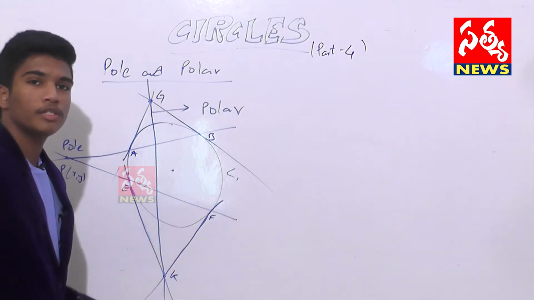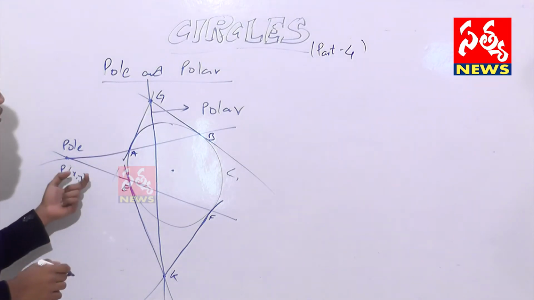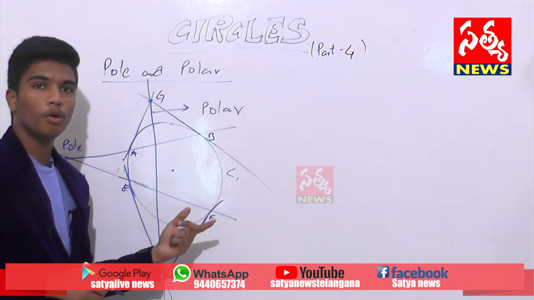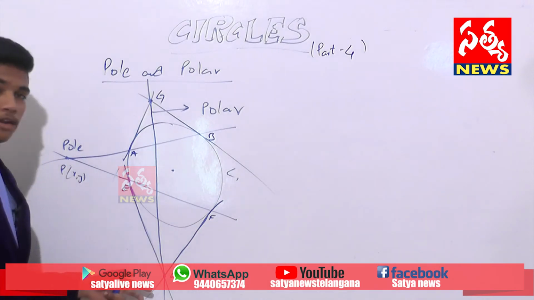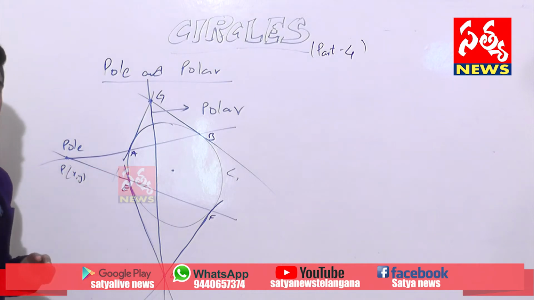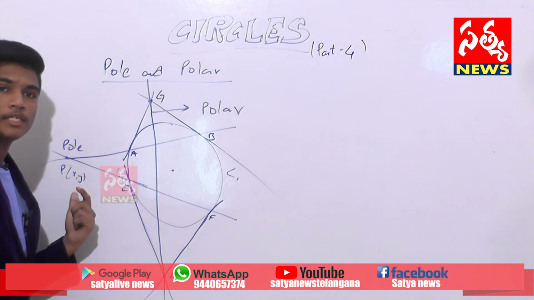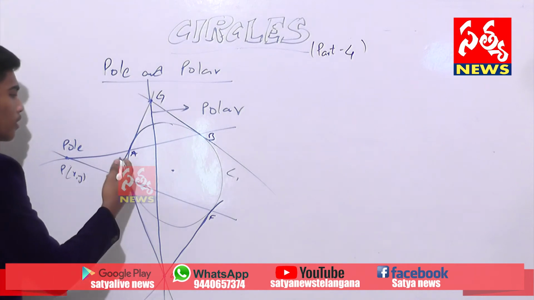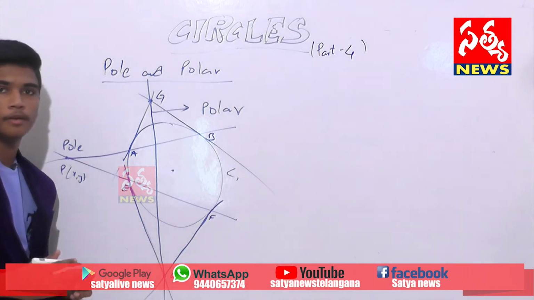Now, I am going to give a definition. What is meant by a pole and polar of a circle? It is the line of intersection of tangents drawn from a point which is outside the circle, with the two chords intersecting the circle.